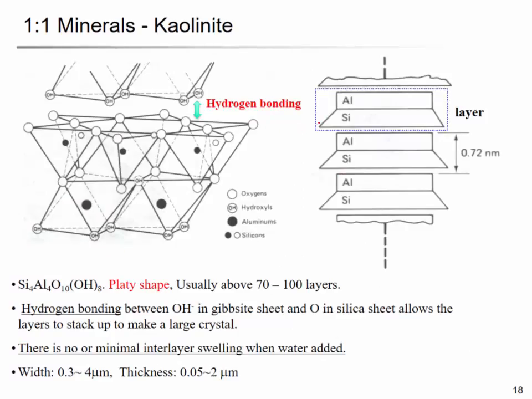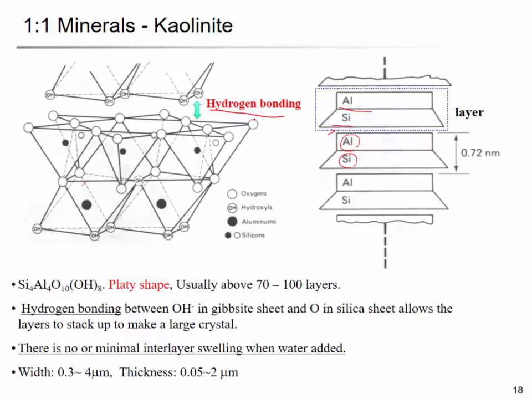When you look at the kaolinite, you have an octahedral sheet and a tetrahedral sheet, and there's some interlayer, and another octahedral sheet and tetrahedral sheet. Okay? And between this basic unit, the bondings are hydrogen bonding.